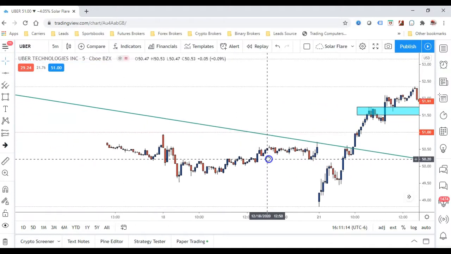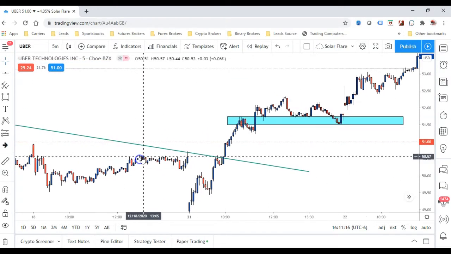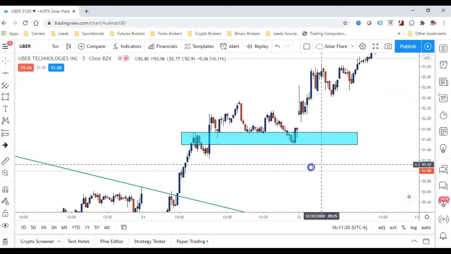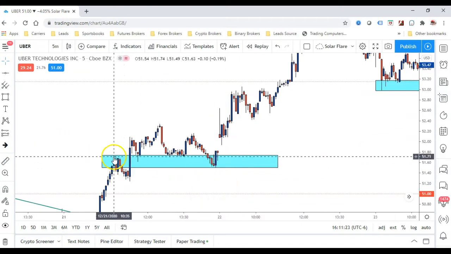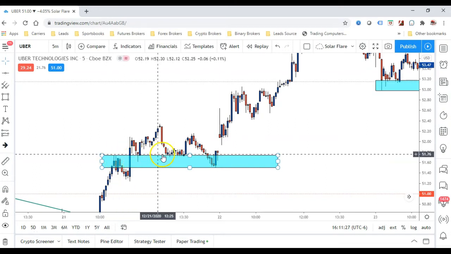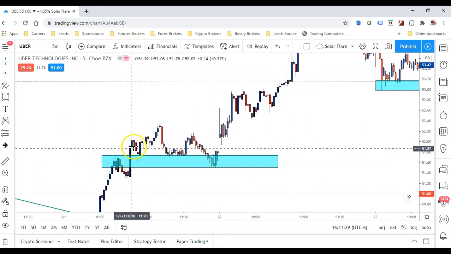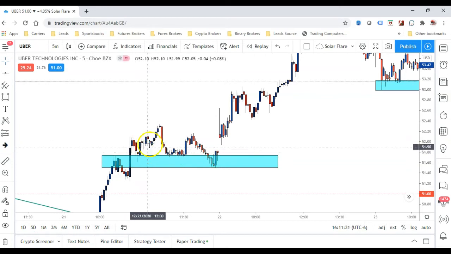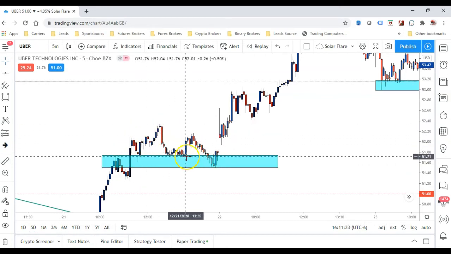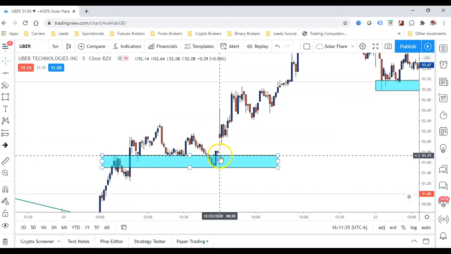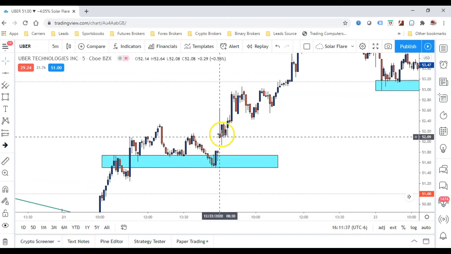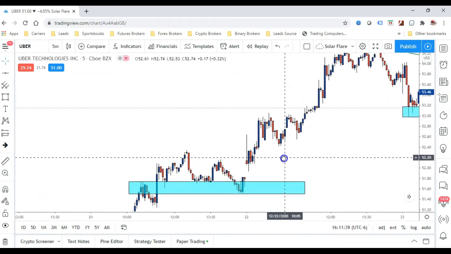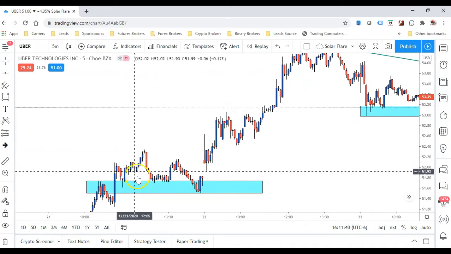Okay. Oh, and look right here. Once it broke the trend line, if you would have been looking for an uptrend, you saw the swing low, the swing high. You set that up, and then the price came up, it bounced, went back up again, bounced 2 times, and then came back in and bounced 3 times off of this zone. Either one of these would have been great trades to get into.